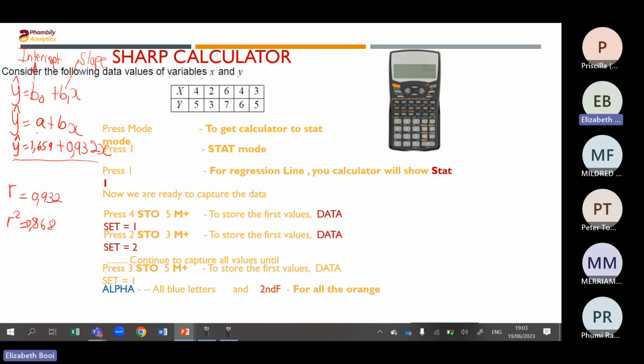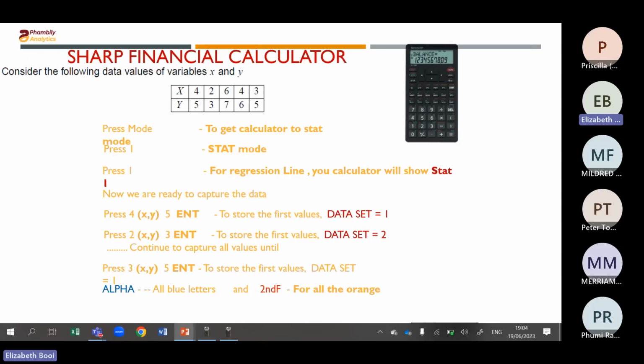For the intercept, you just say if the value of x is equal to 0, then your estimated value of y will be equal to 1,659. And that's how you do it. If you have a financial calculator, it works almost similarly to the Sharp calculator.